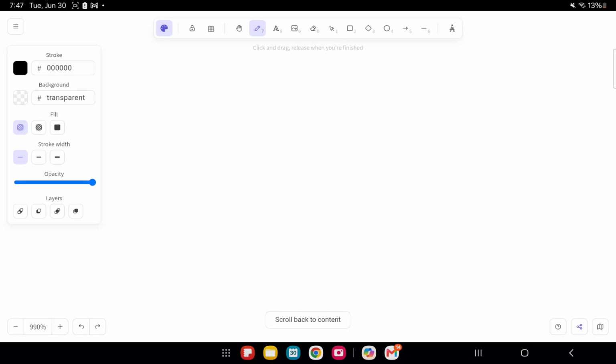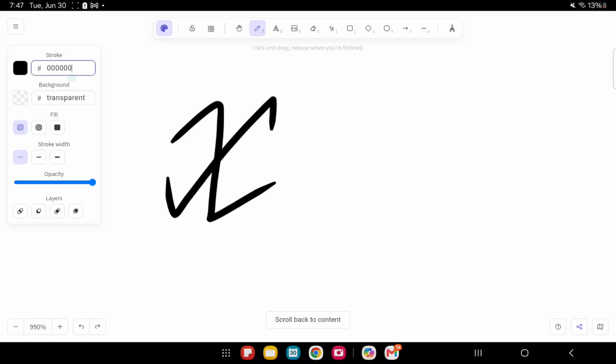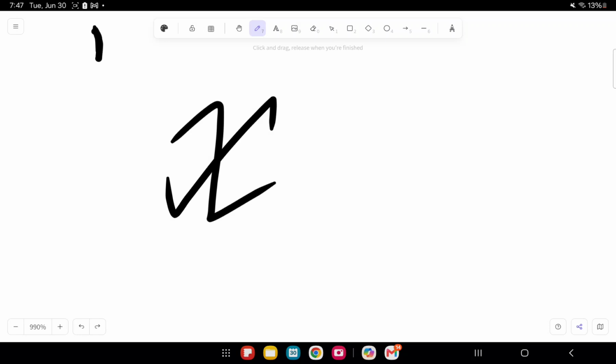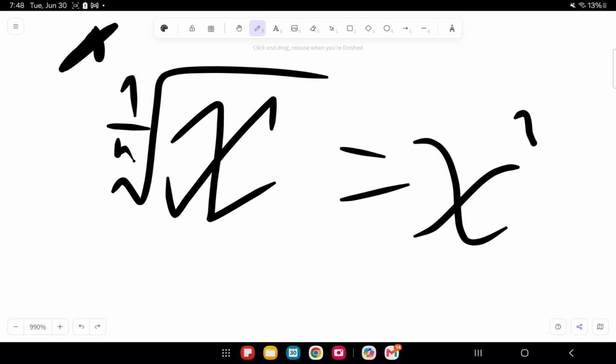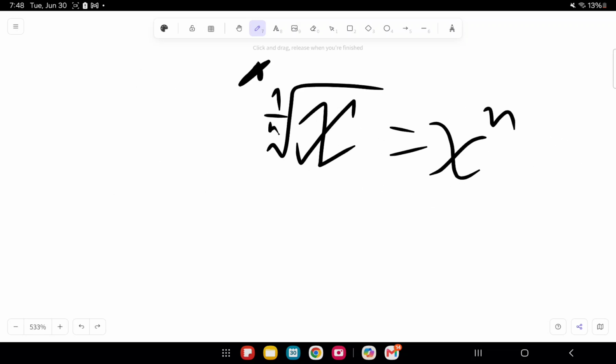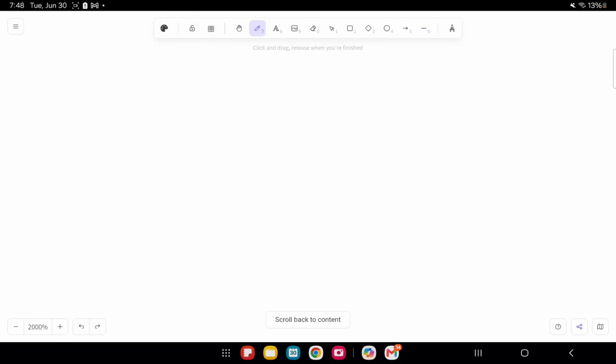And that any 1 over... wait, is that a dot? To make 1 over n, that root of x is equal to x to the n. Right? Okay.